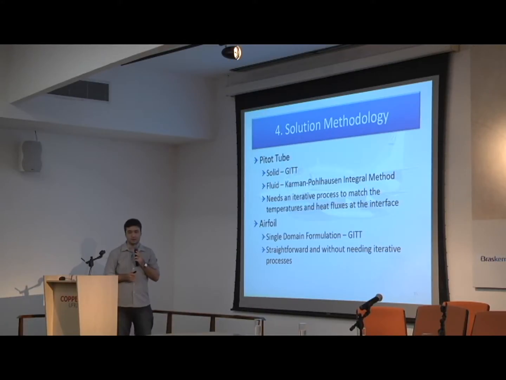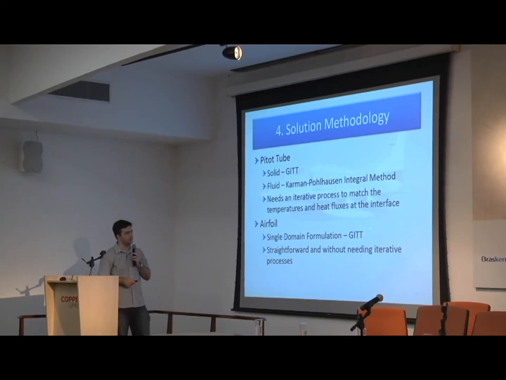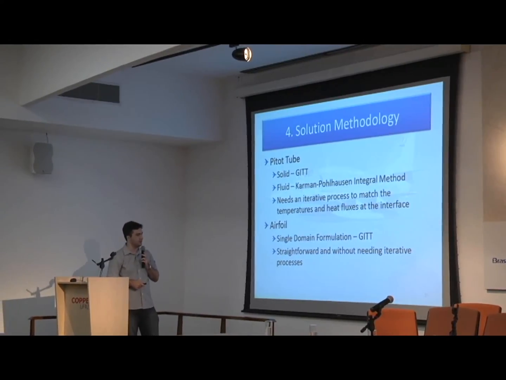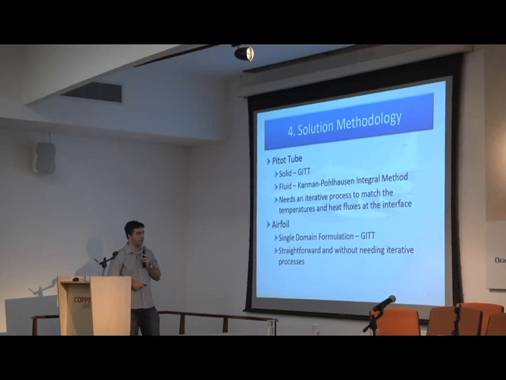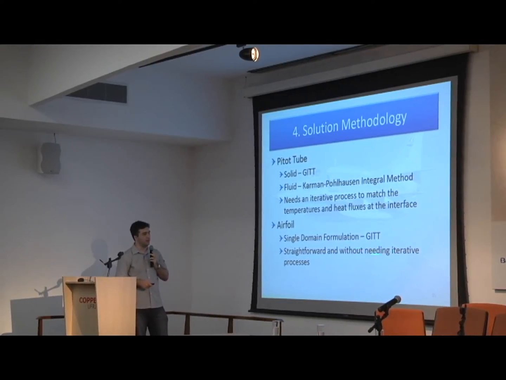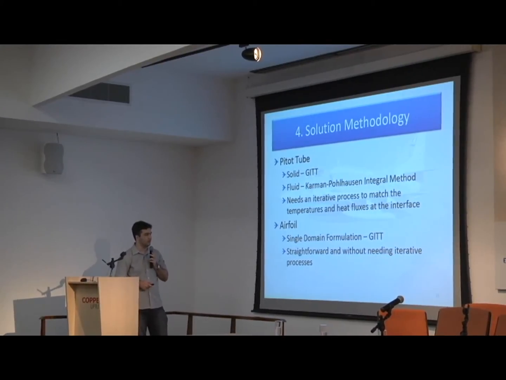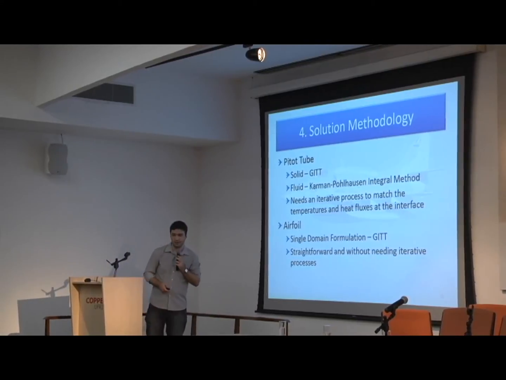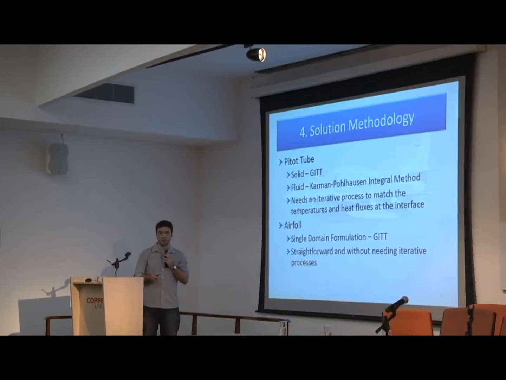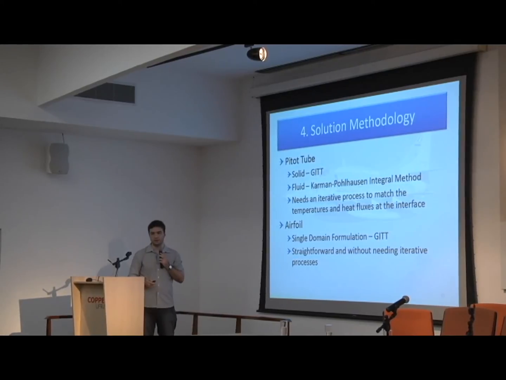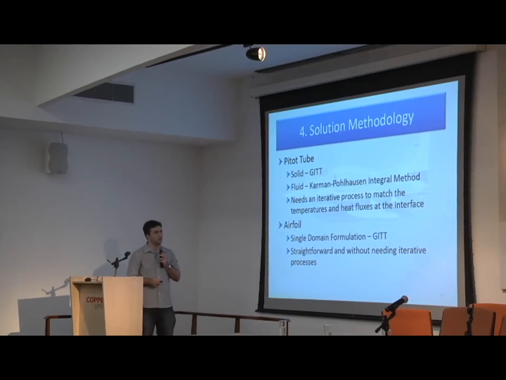This is very time consuming. But now for the airfoil, we are proposing the single domain formulation solved by GITT, as I already said. It's more straightforward and it eliminates the need for iterative processes because the model itself makes the continuous conditions.